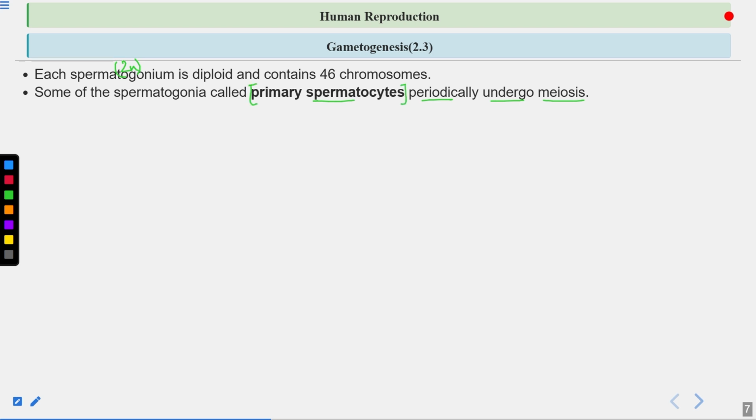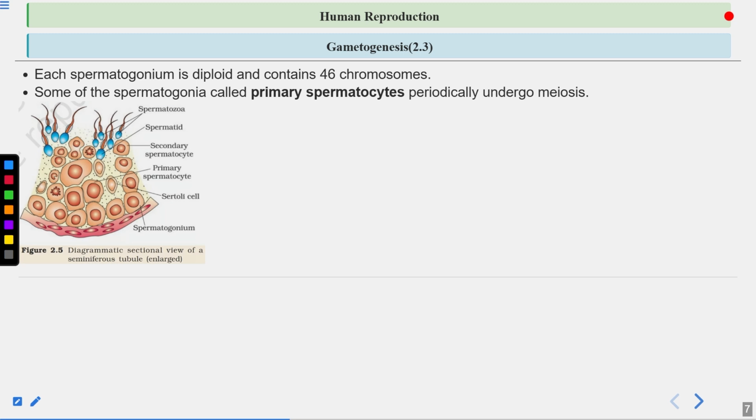So this primary spermatocyte will also be diploid, remember, because these primary spermatocytes are formed by spermatogonia. So you can write spermatogonia differentiate to form primary spermatocytes, which are also diploid, means they will also consist of 46 chromosomes. Then meiosis occurs in these primary spermatocytes.